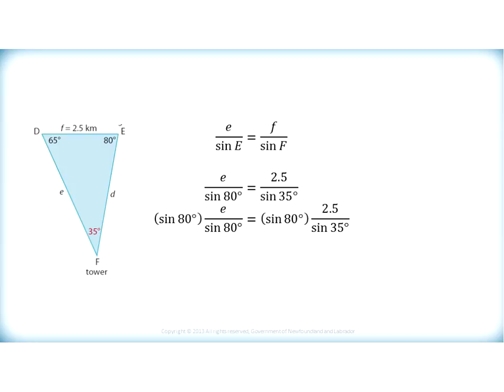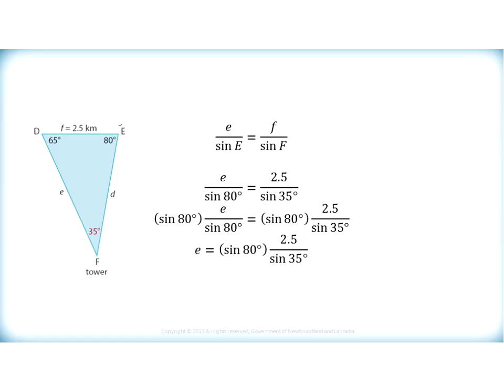Because right now we have E divided by sine 80. To get rid of sine 80, we have to do the opposite operation, which is to multiply. Multiply and divide are opposite operations. Addition and subtraction are opposite operations. So what I have now is sine 80 and sine 80. They cancel each other off. So what I have now is E on the left side of my equation is equal to sine 80 times 2.5 divided by sine 35.